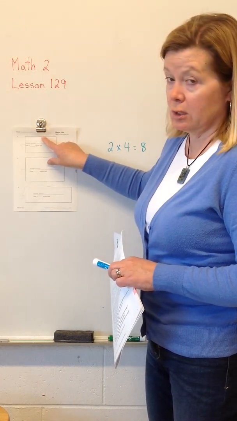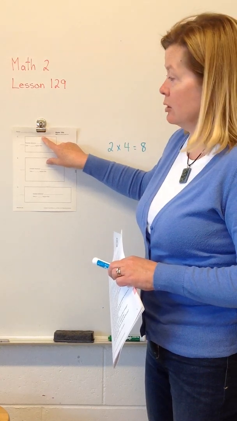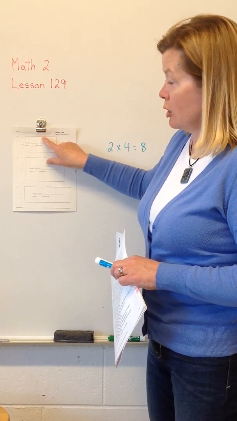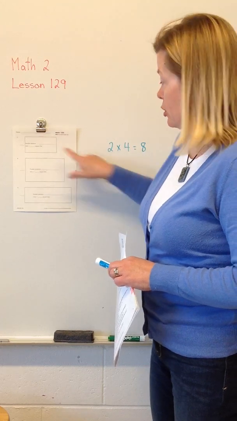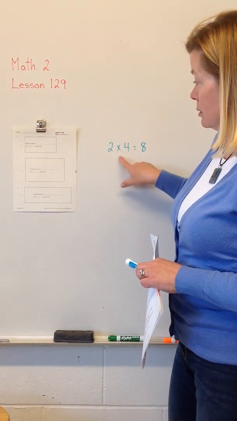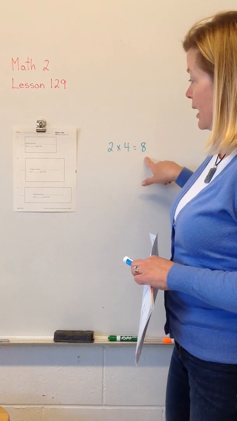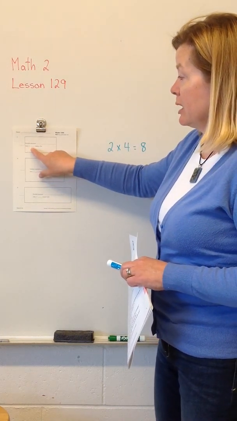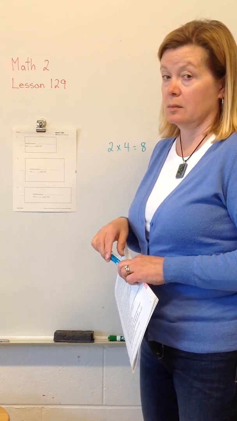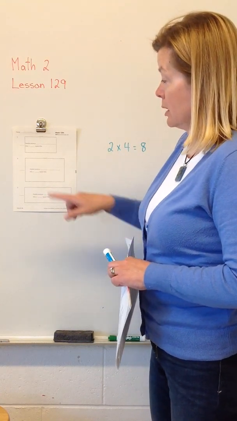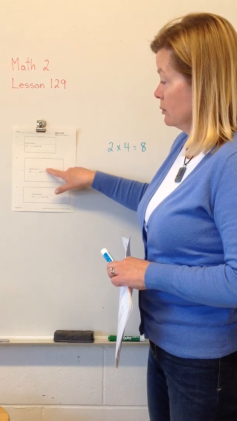You have a 4 above the rectangle to show how many tiles are in each row. And then your number sentence is going to say 2 times 4 equals 8. And then area equals 8 square tiles. Let's move on to the second one.